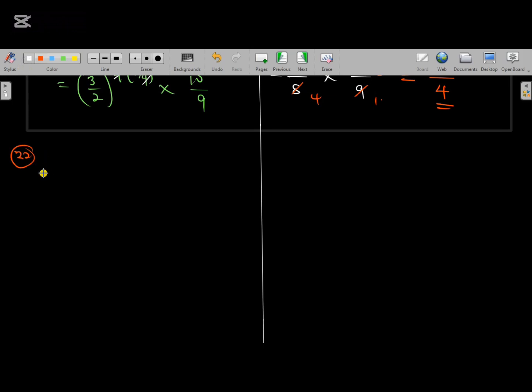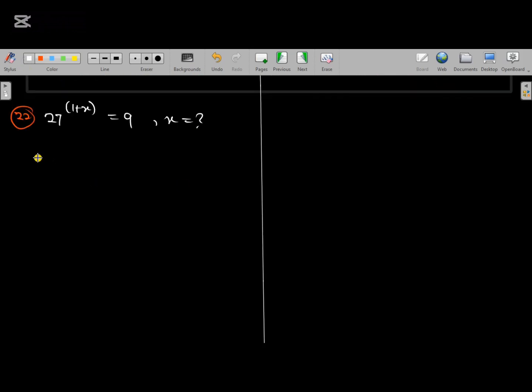So what are we asked to do there? Change both sides to the same base. So I can write this as 3 to the power of 3 multiplying 1 plus x, equal to this side as 3 to the power of 2. Which means I can remove the equal bases, and so I will now have 3 into 1 is 3, plus 3 into x is 3x, equal to, on this side you just have 2.